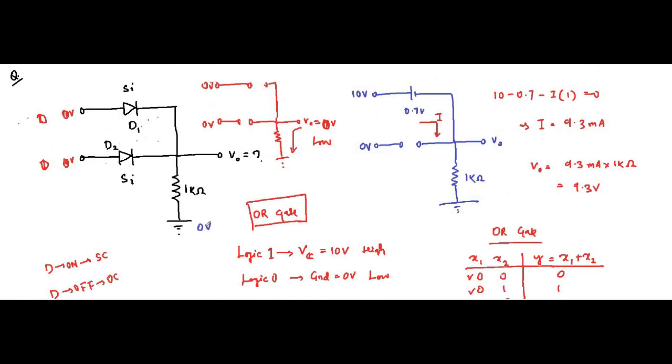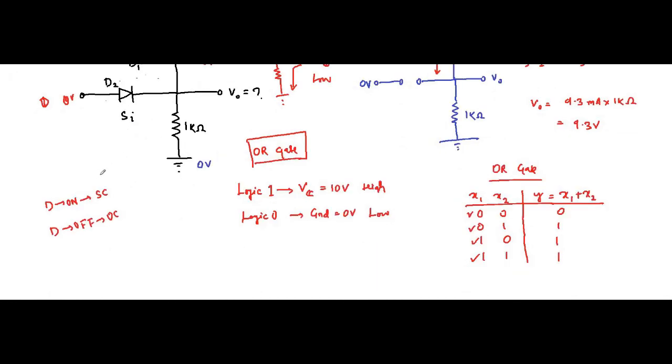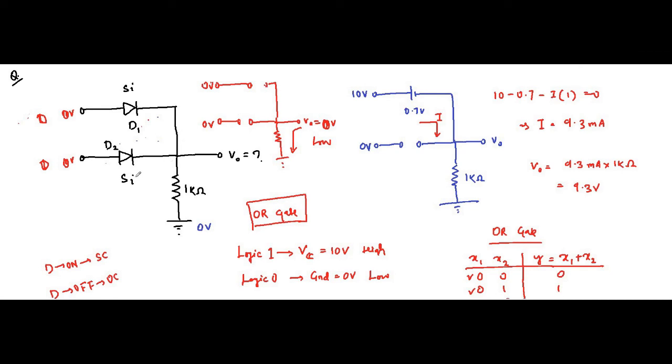So this is how the diode and resistor combinations can be used to implement logic gates. Here I willingly chose the ideal diode concept so that we can directly understand how things happen.